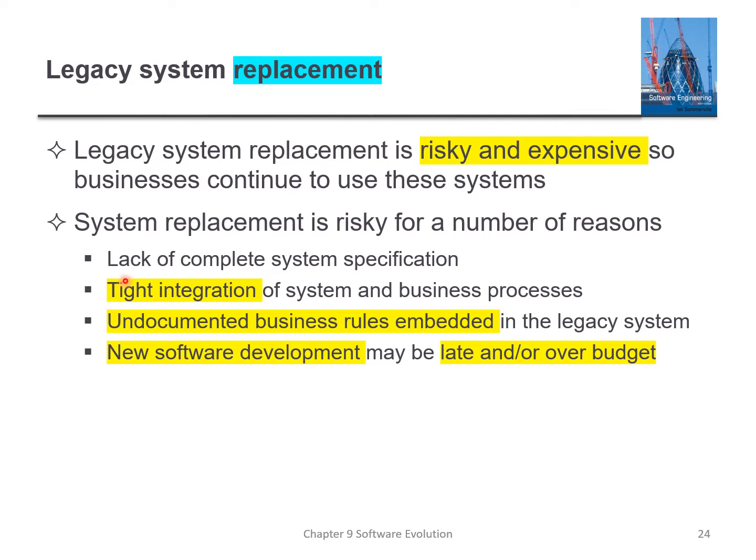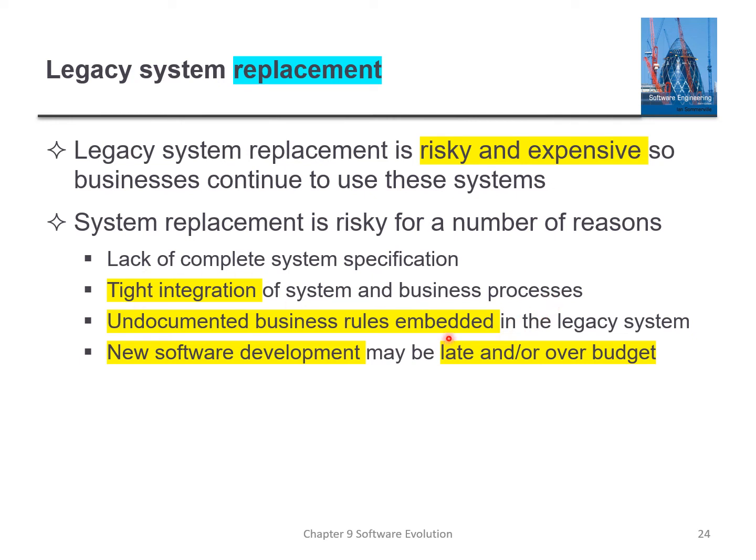The riskiness and the cost that might be incurred if you replace it is that maybe the legacy system being used is very tightly integrated, because it has been there for quite some time. So other applications are built on top of it, right? And some of the business rules are not documented.